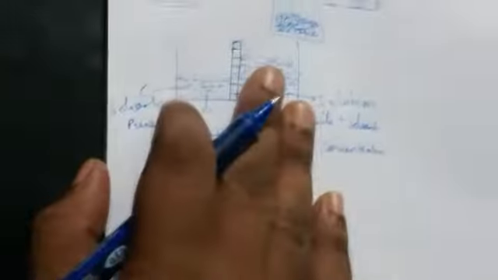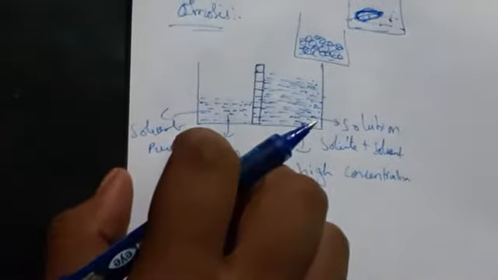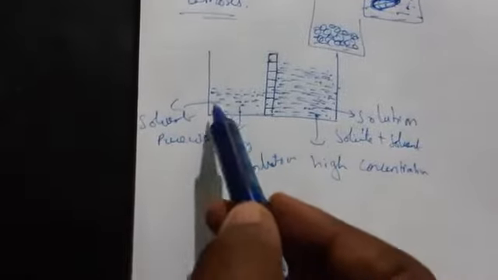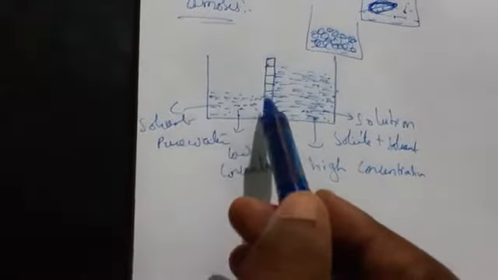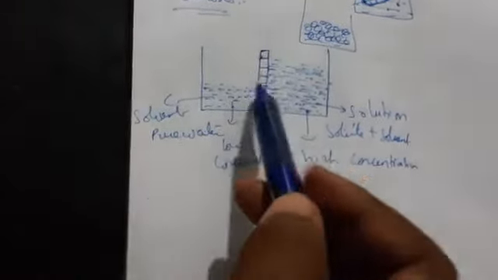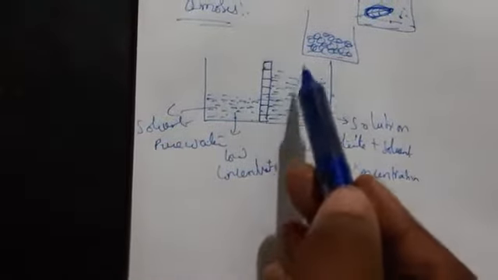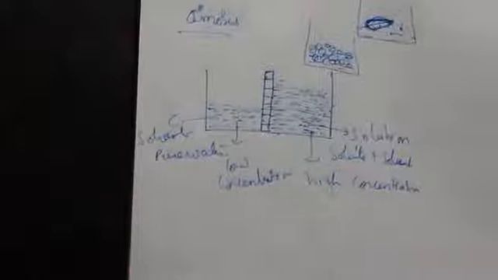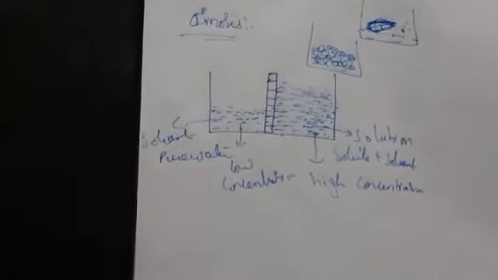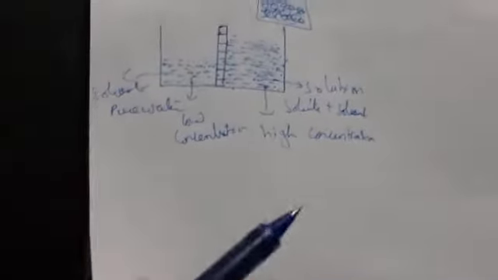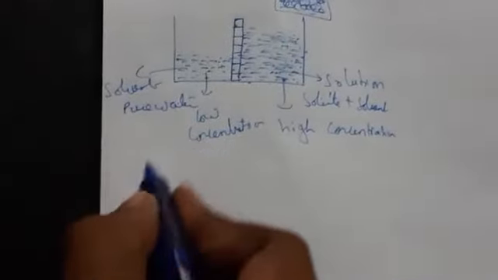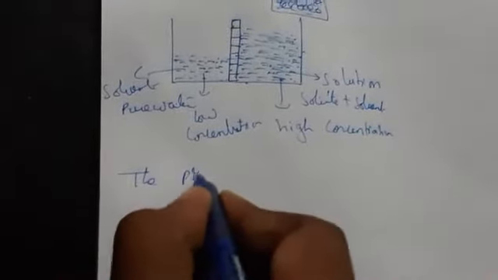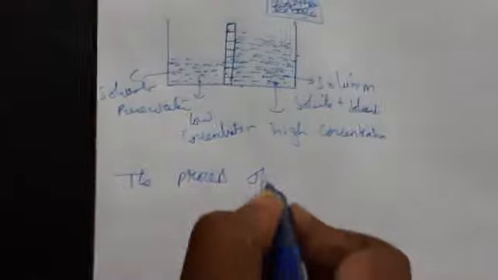So the process of solvent flowing into the solution when the solvent and solution are separated by a semi-permeable membrane, we call osmosis.